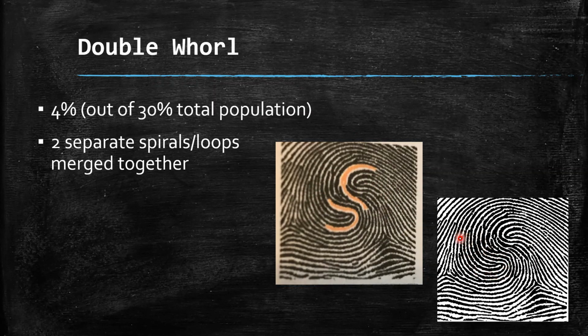So kind of a yin-yang. There's 2 deltas because each loop has a delta. So there's a delta here and here, and there's a delta in this one here and here. So two deltas kind of close to each other. And you could possibly have two cores because each loop probably has one core. So definitely two deltas, probably two cores.